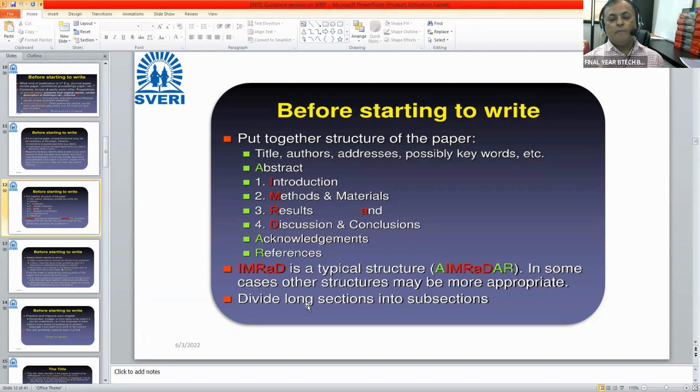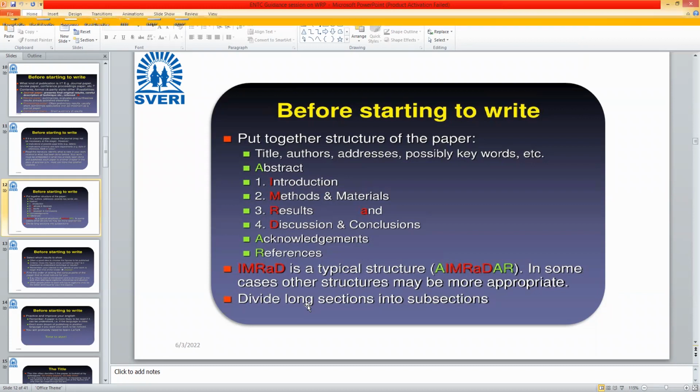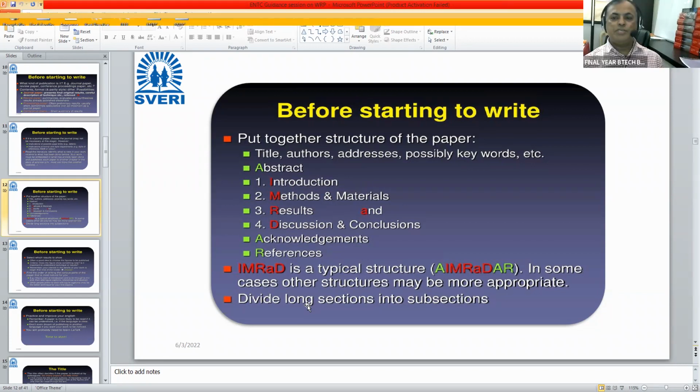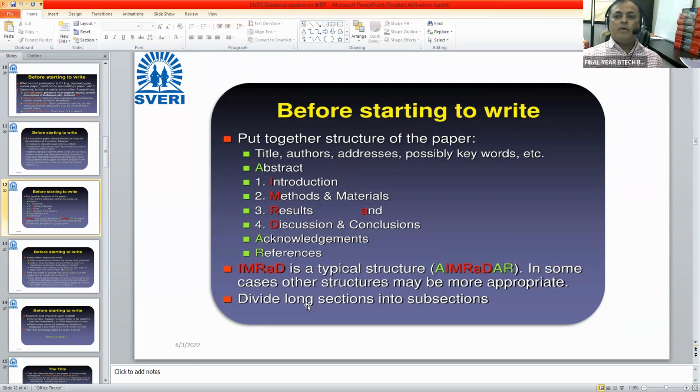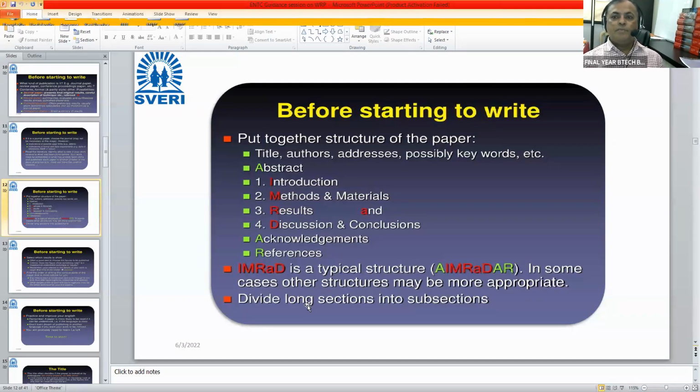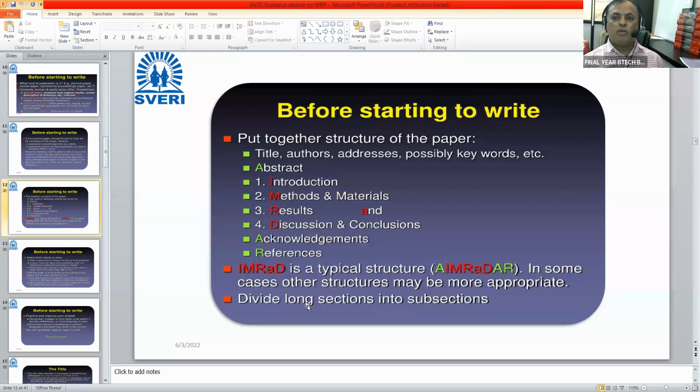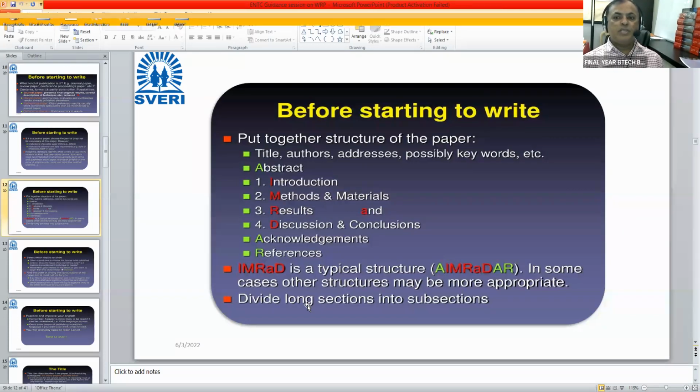Normally the paper could be in a single column or it may be in double column. Most of the journals, like Springer, normally like single column. There are a few journals which like double column also. And mostly if it is 2 columns, then the pages should be 6 to 7 pages at least.